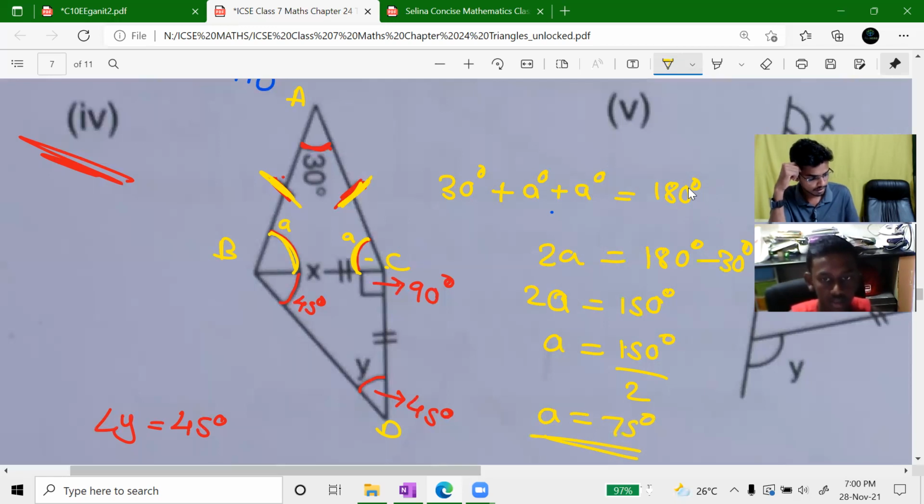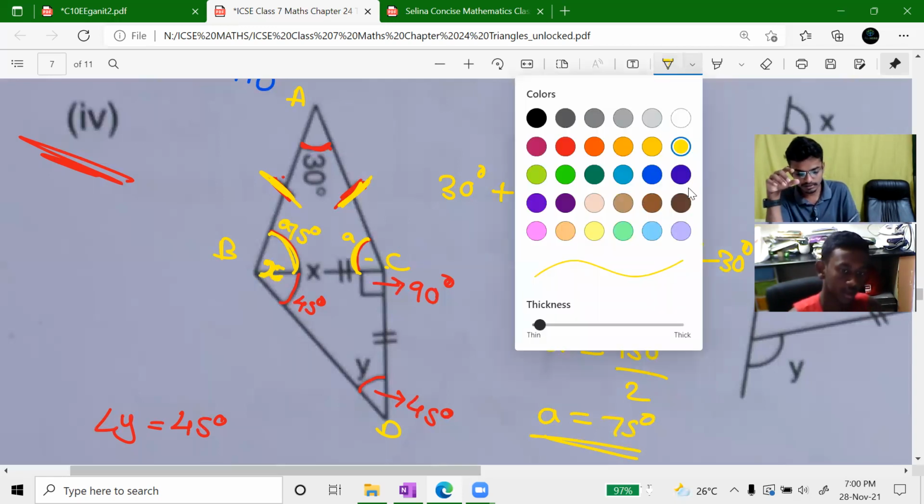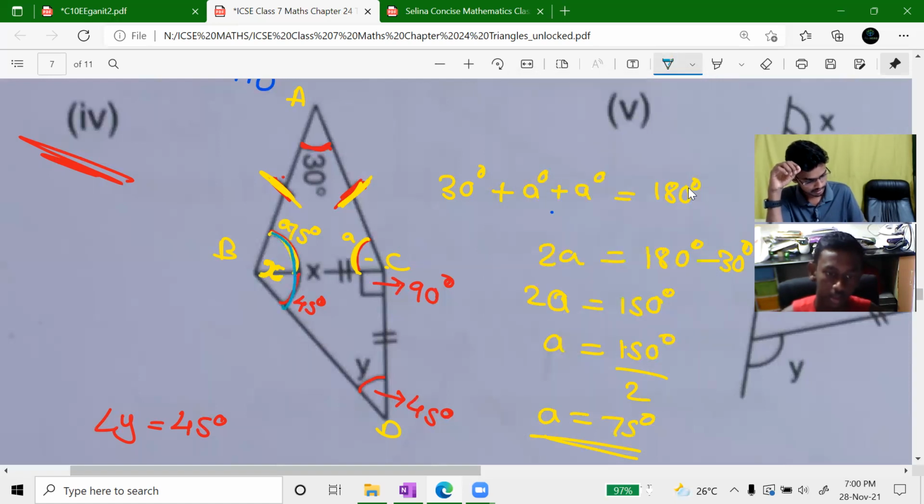Now tell me what will be the measurement of this angle, X angle. What is the measurement of X angle? The X is completely this angle. So 65 degree.